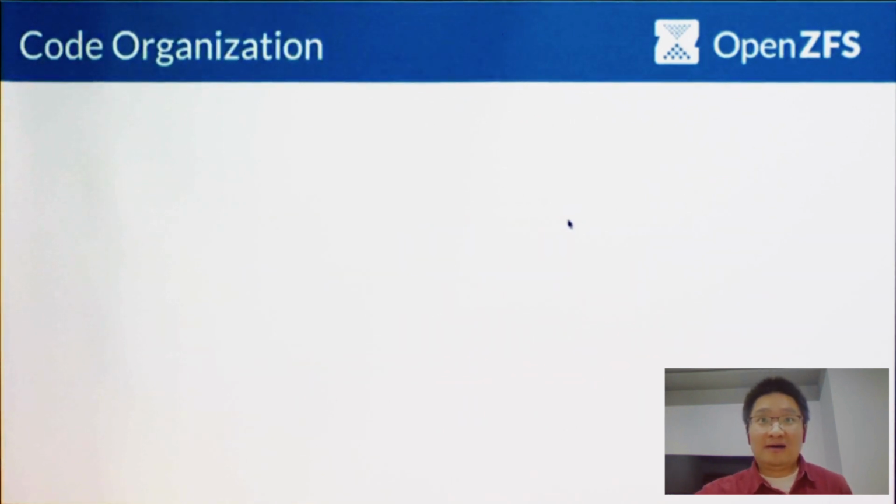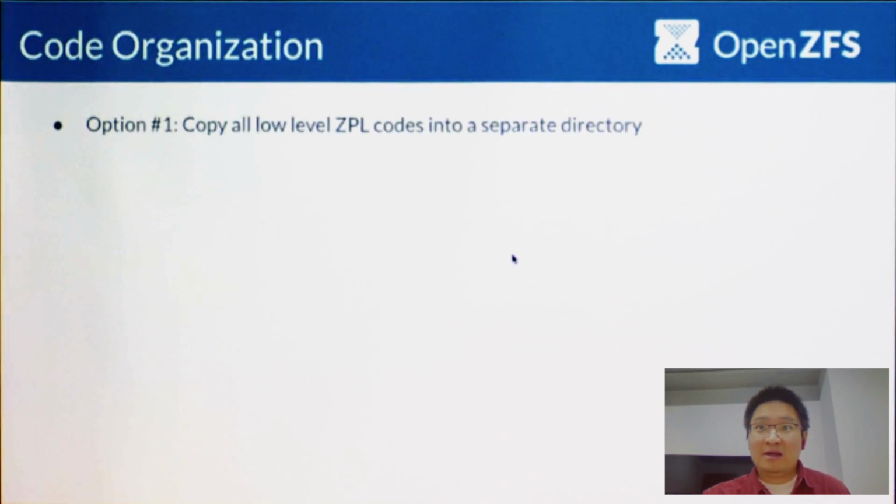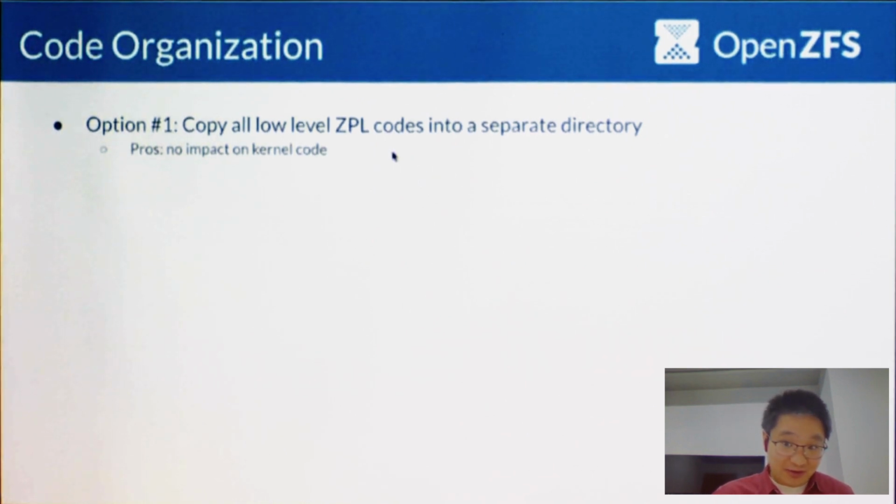So yeah, after the scope is determined, how do we do it? The next question is how to organize the code. Basically, there are two options. Option one is to copy all the low-level GPL code into a separate directory, and we do the change replacement there.